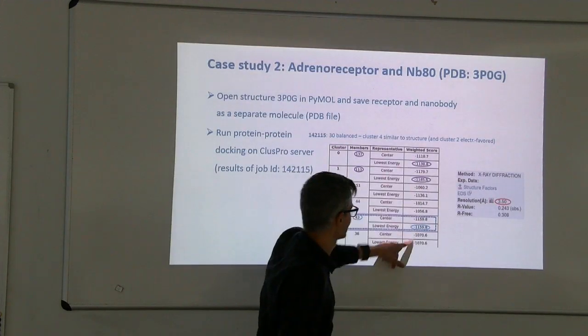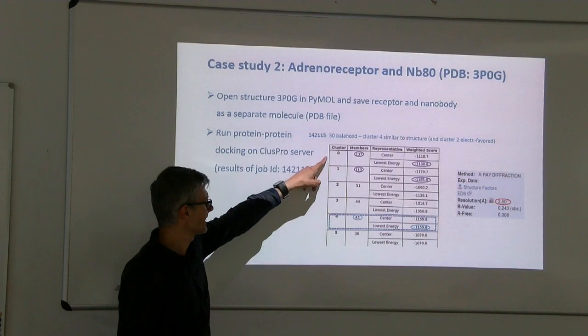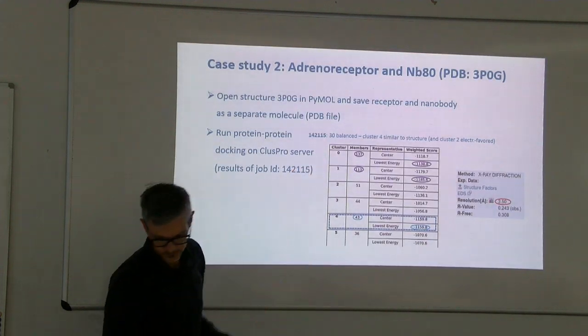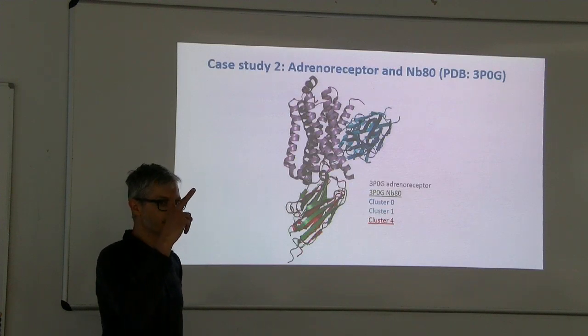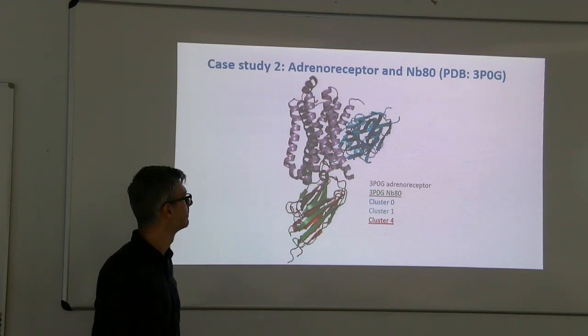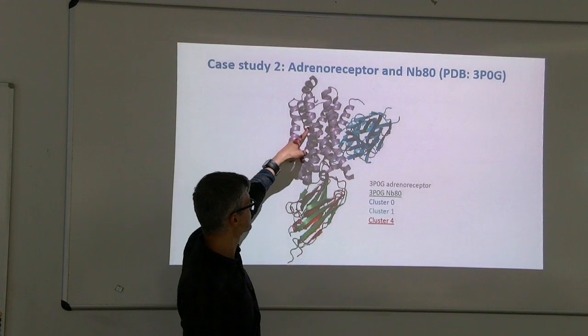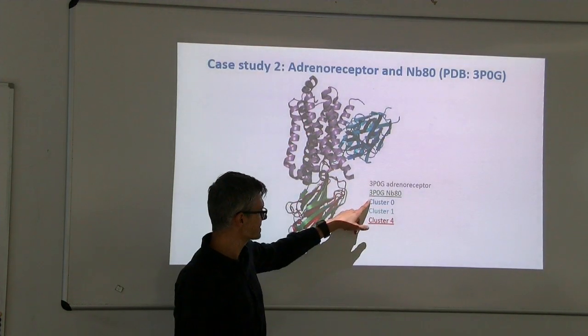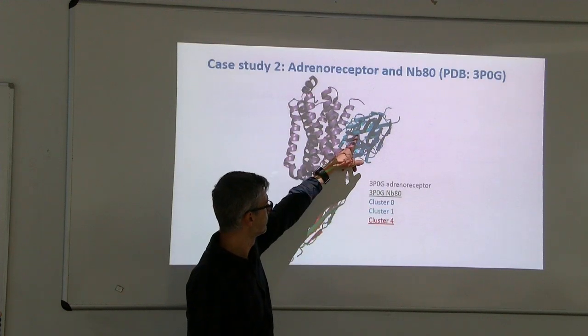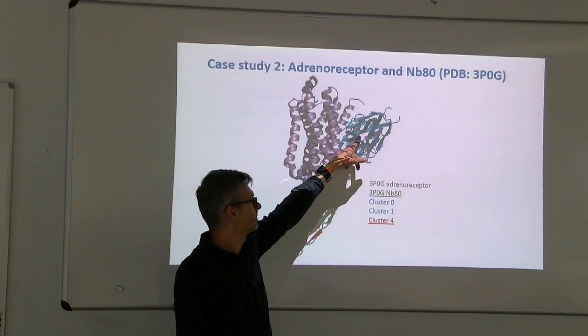Also the scores are quite similar. If we then have a look at the top, they are actually on two positions. So you see here, this is again the receptor, the green one is the nanobody, this is cluster 0 and 1. They are actually at the same location.